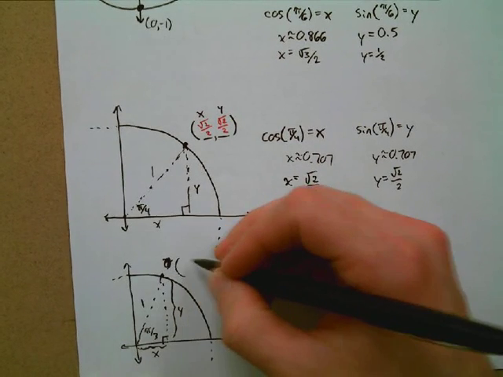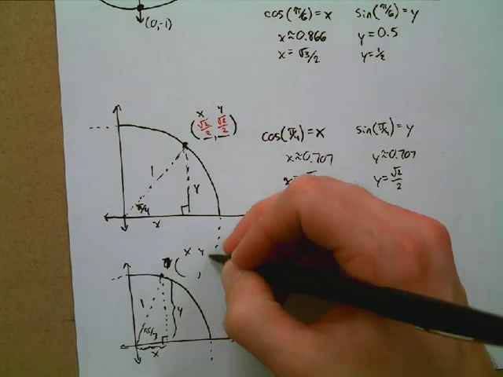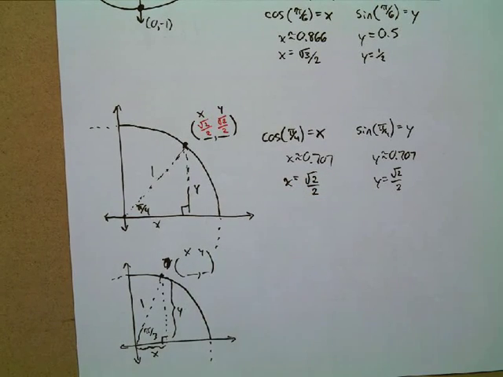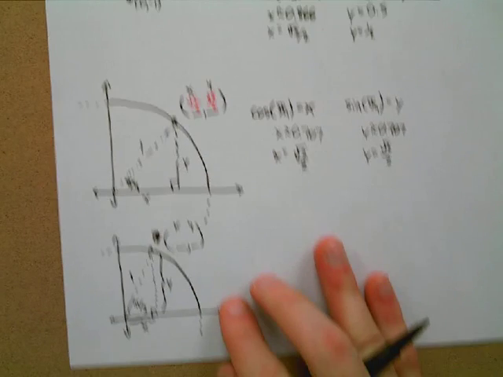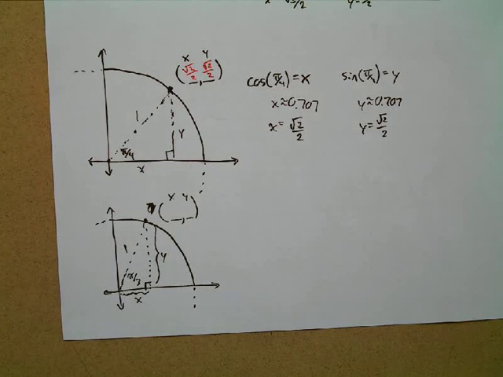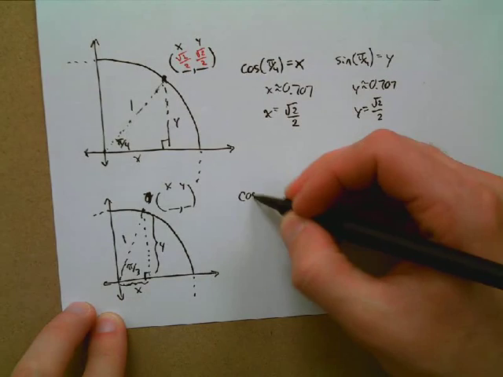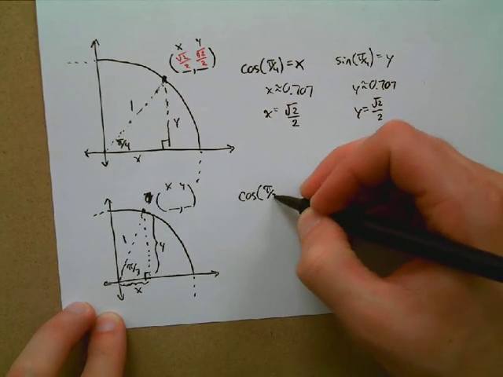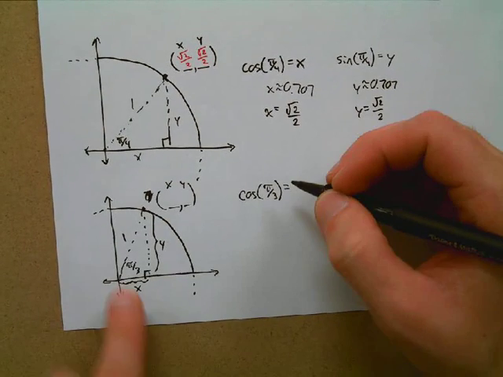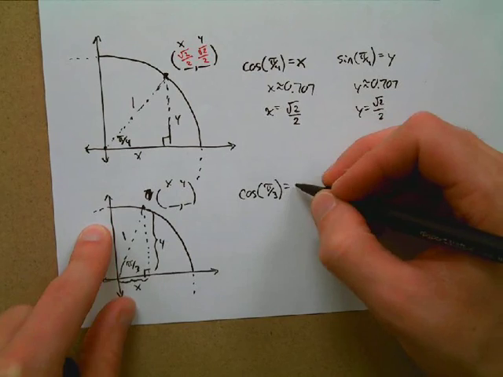We're going to use cosine of pi over 3 to get us x over 1, which is just x. So our x coordinate is cosine of pi over 3. What is the cosine of pi over 3? Well, it's 1/2. You type it into your calculator. So our x coordinate here is 1/2.